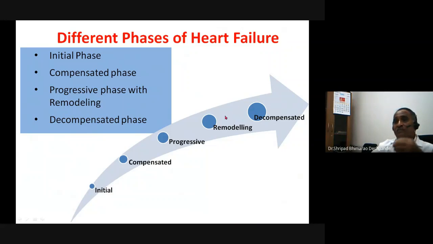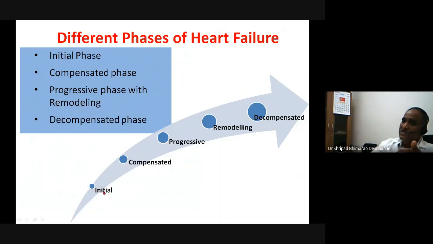It is no more able to hold the compensation, it gets decompensated, and if it is not attended, maybe he will die.